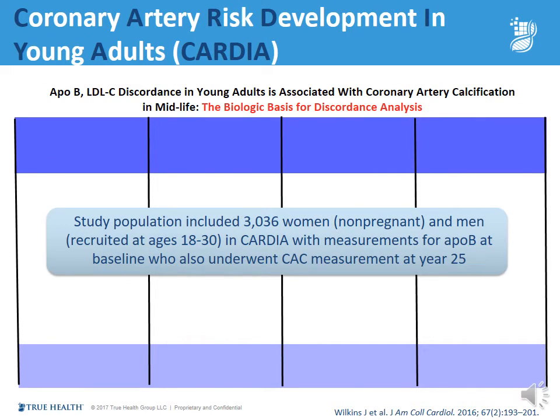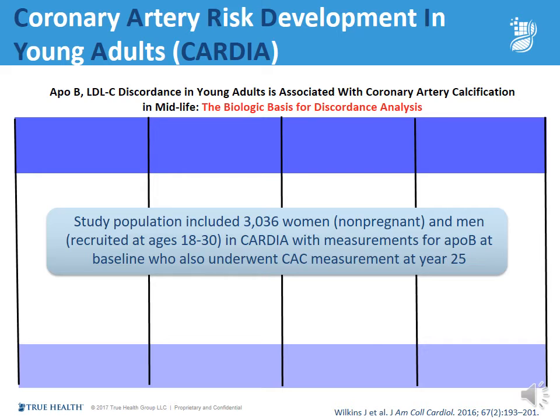In 2016, we got some powerful data from the Coronary Artery Risk Development in Young Adults, better known as the CARDIA study. And this was published in the Journal of the American College of Cardiology. The study group included over 3,000 non-pregnant women and men recruited between the ages of 18 and 30, so young people, and they had ApoB measurements at baseline.